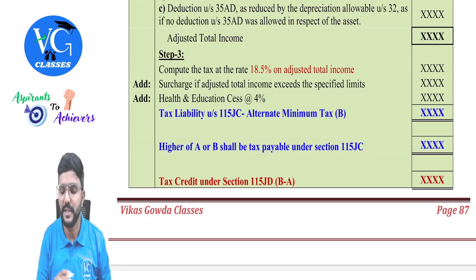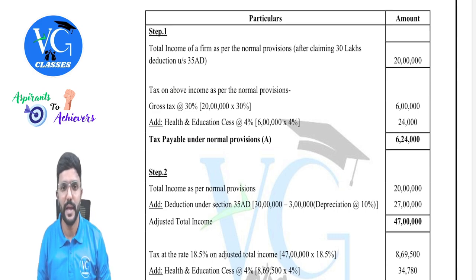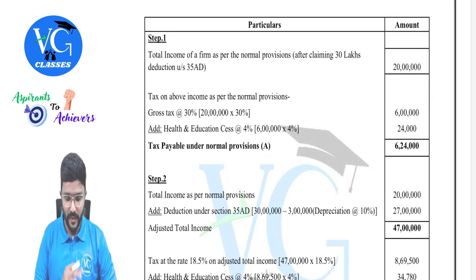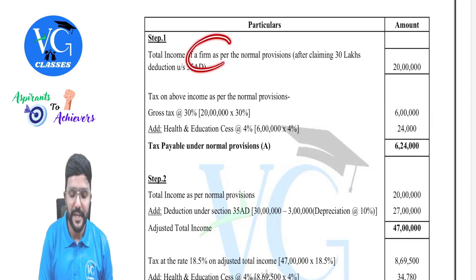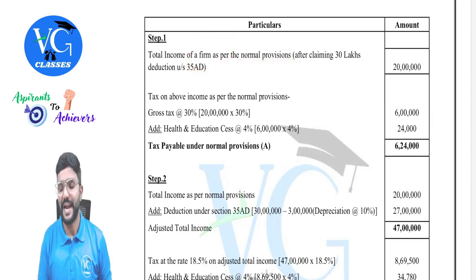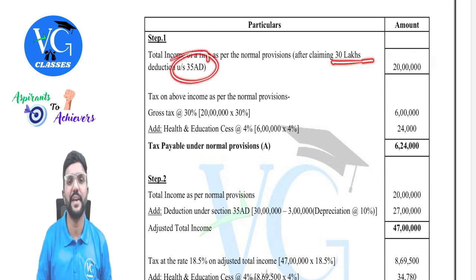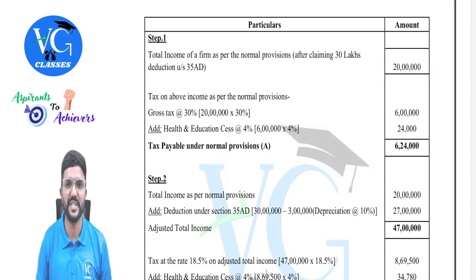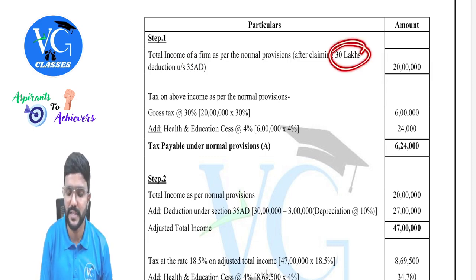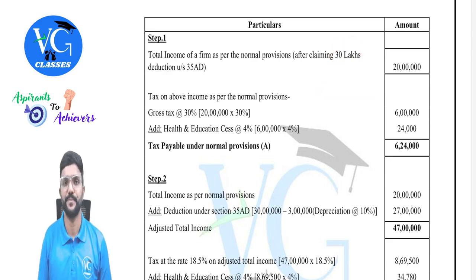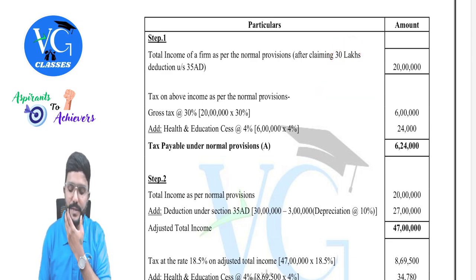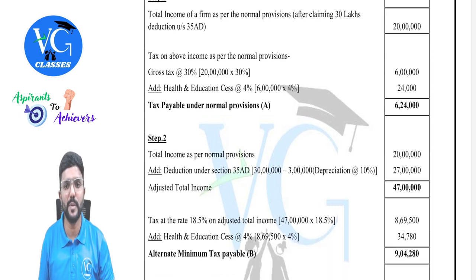First, let me explain this calculation with an example, guys. Assume the total income of a partnership firm as per the normal provisions of the Act is 20 lakh after claiming a deduction of 30 lakhs under Section 35AD, that is for capital expenditure of a specified business. Let us assume that this 30 lakh is for a building. So 20 lakh is the total income as per normal provision.